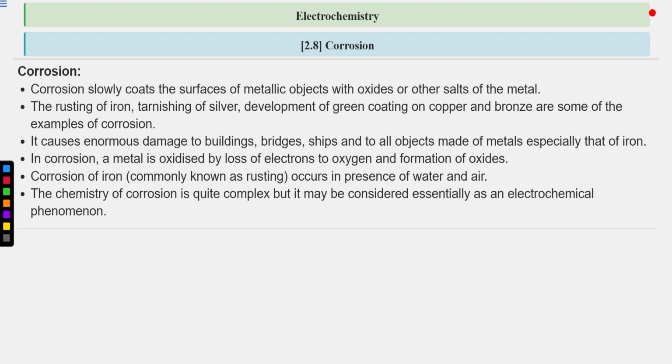The chemistry of corrosion is quite complex, but it may be considered essentially as an electrochemical phenomenon. That is why we are studying corrosion in this chapter on electrochemistry. You can't understand every process of corrosion, but it may be considered essentially an electrochemical phenomenon.